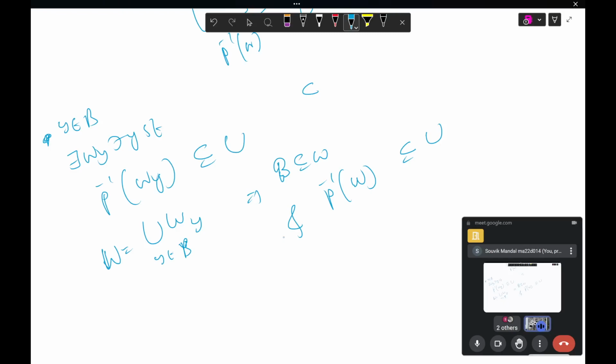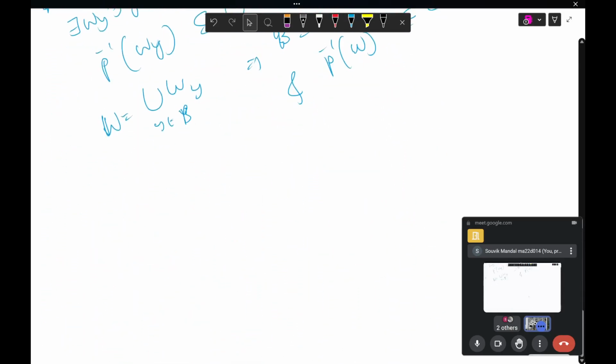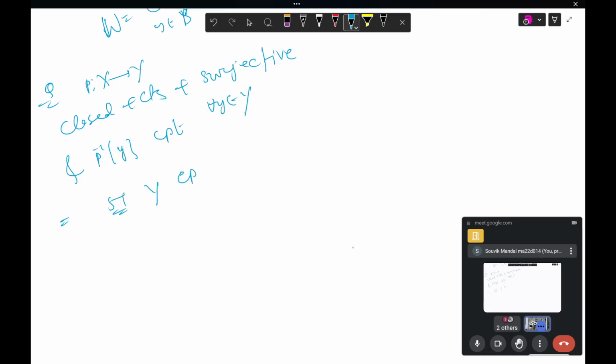Having said this, now comes the main problem. If P from X to Y is closed, continuous, surjective, and P inverse of y is compact for all y belonging to Y, then show that Y compact implies X compact.